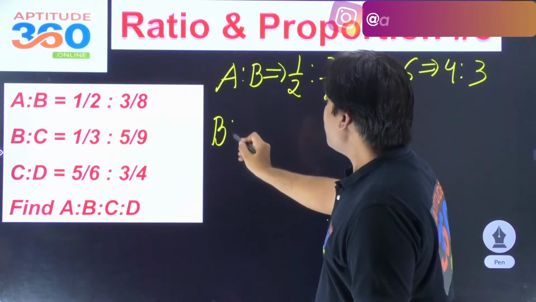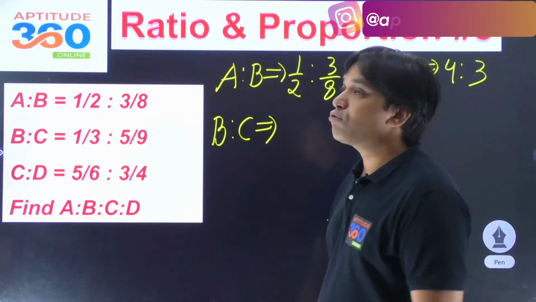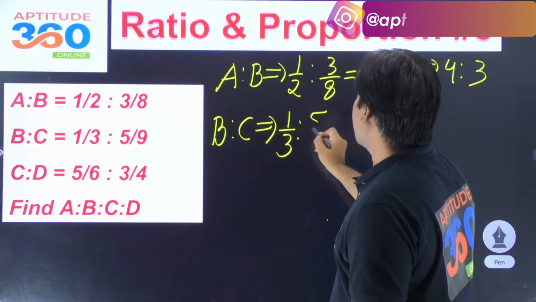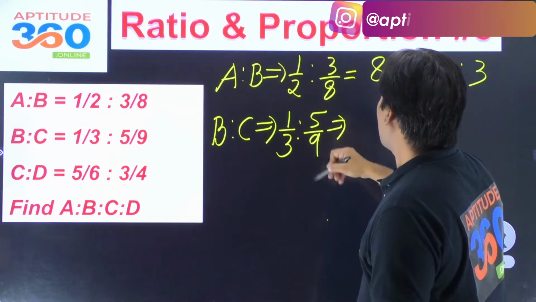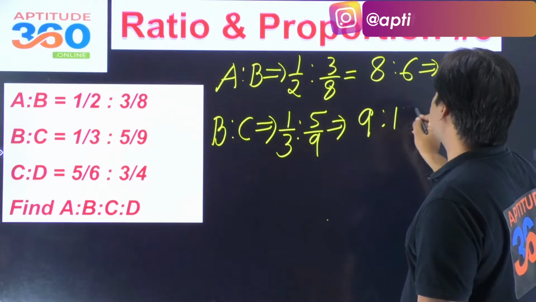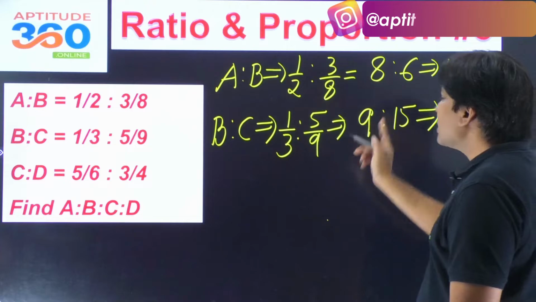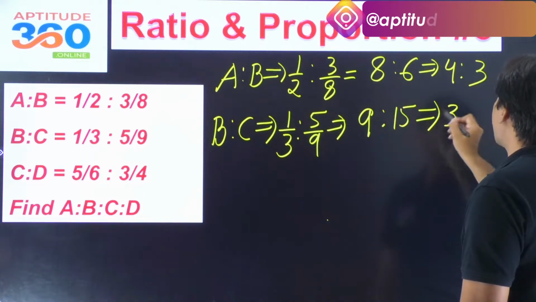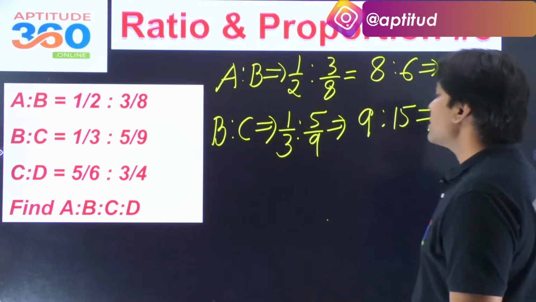Similarly, your b is to c is going to be 1 by 3 is to 5 by 9. Again, this is 9 and this is 15, because 3 is common in both of these two numbers. 3 से divide कर दो and you will be having this.